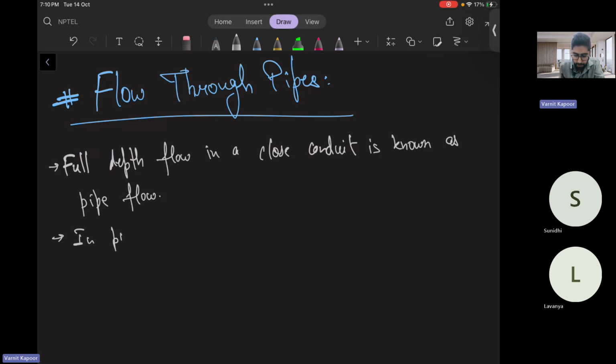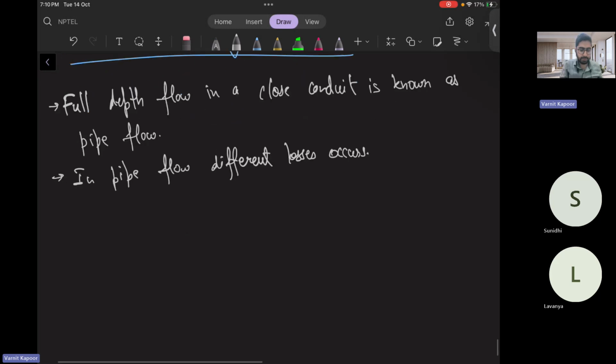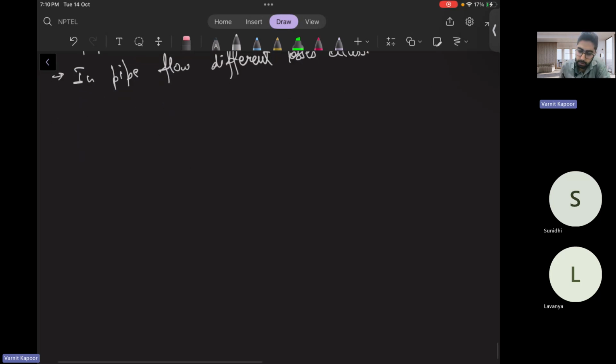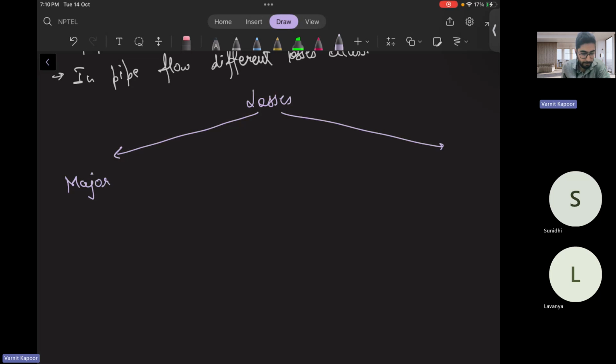In pipe flow, different losses occur. We can classify these losses as major losses and minor losses.